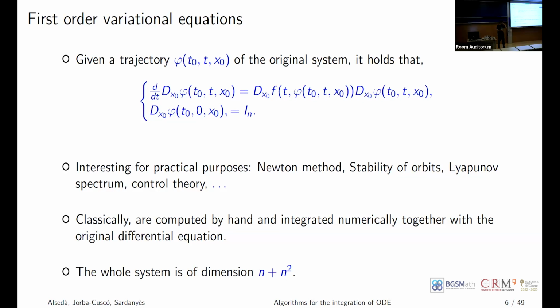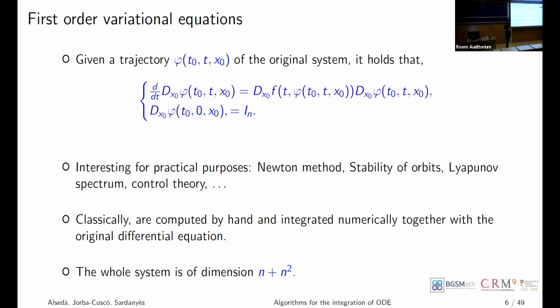Okay, and this is quite relevant, especially when you're doing some sort of dynamics, because this is useful, for instance, to program a Newton method to compute, I don't know, a periodic orbit. Then that's relevant also to know the stability of such an orbit, and then you compute also Lyapunov exponents.